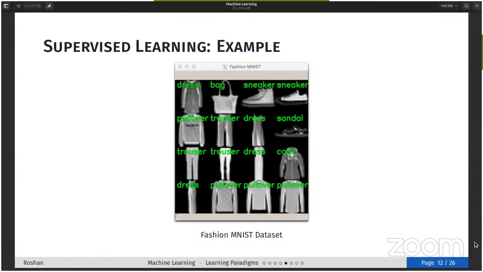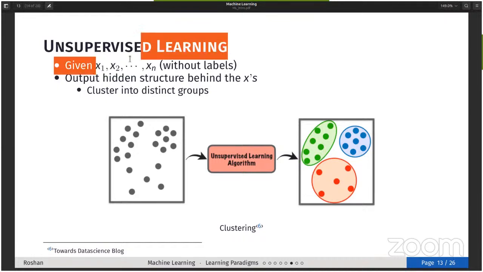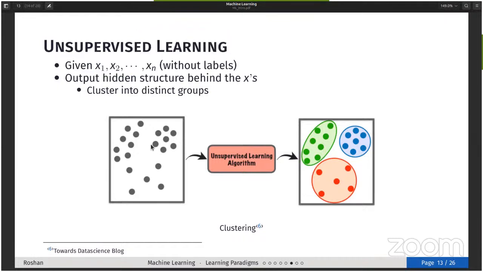Moving on to the unsupervised learning case, you don't have any labels, you don't have y at all. But you have x with you, you have all these data points. What I ideally want from this case is to know the hidden structure behind these data points and cluster them into distinct groups.